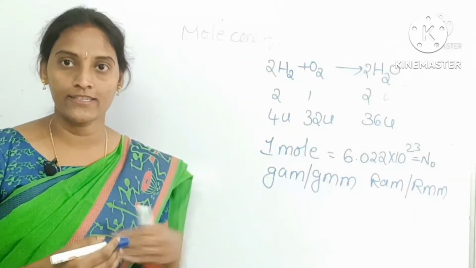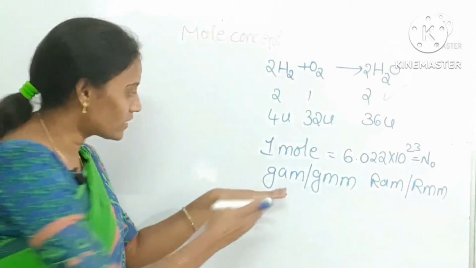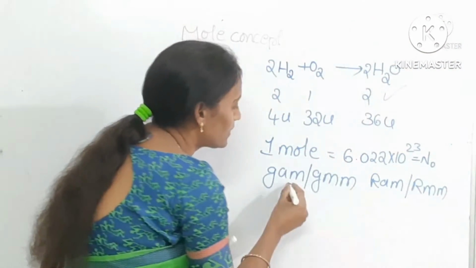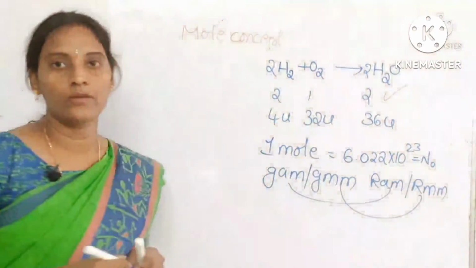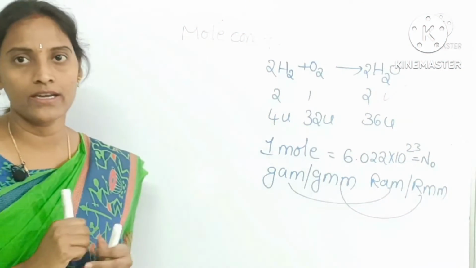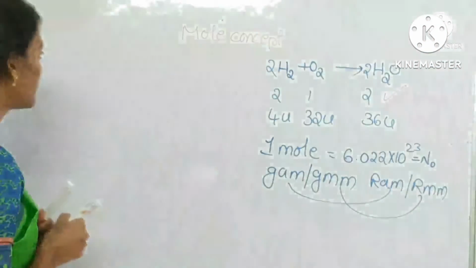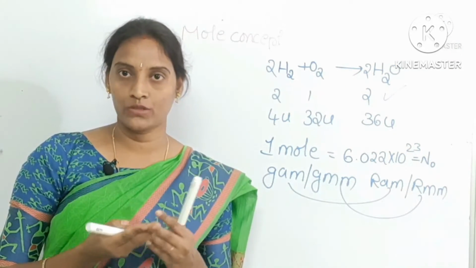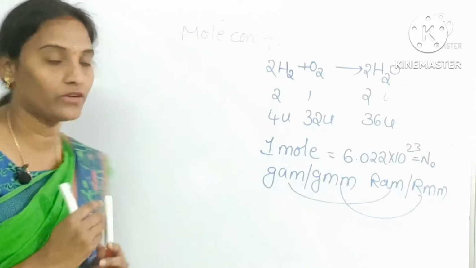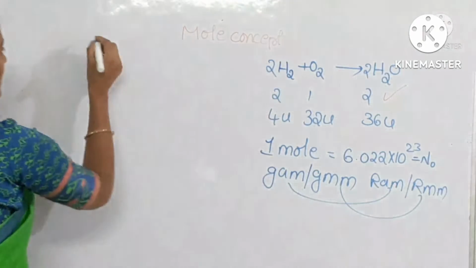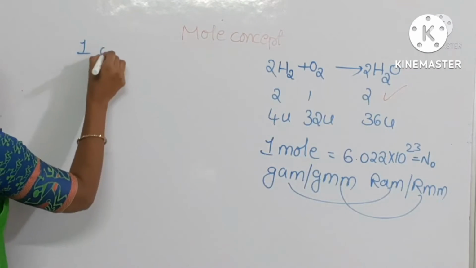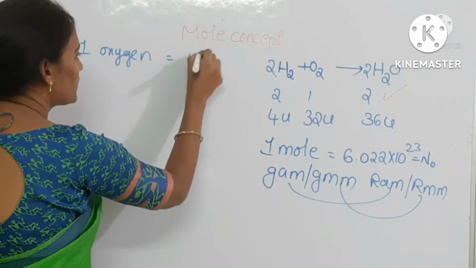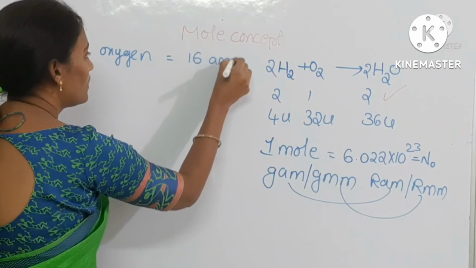How can you correlate these two values, gram atomic mass and relative atomic mass, gram molecular mass and relative molecular mass? Just take an example, students. Suppose you want to know the weight of 1 mole of oxygen atoms. First of all, the relative atomic mass of 1 oxygen atom is equal to 16 AMU, students.